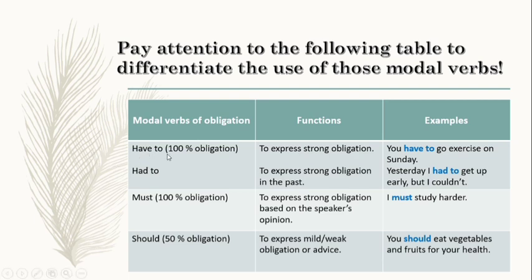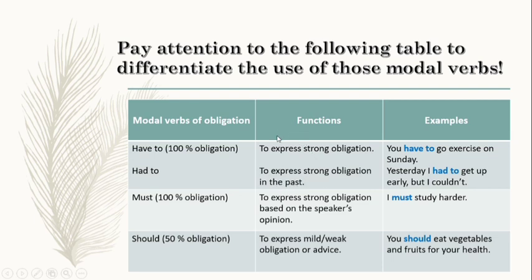Have to and had to. Have to and had to are used to express a strong obligation and indicate 100% obligation. Have to, the function is to express strong obligation. And had to, its function is to express strong obligation in the past.